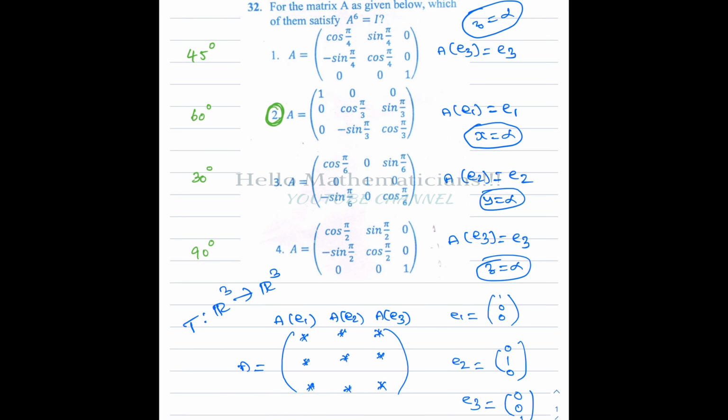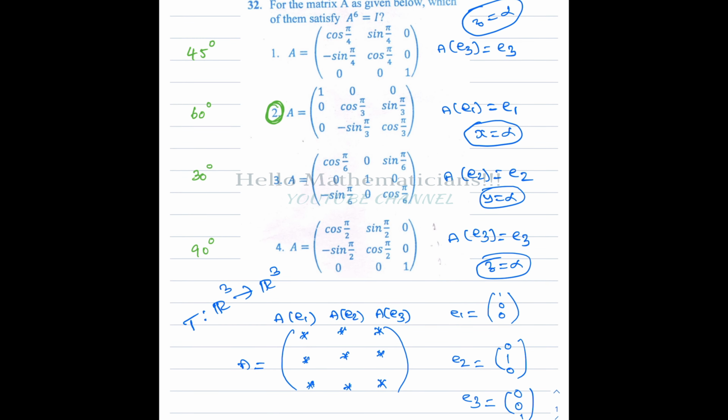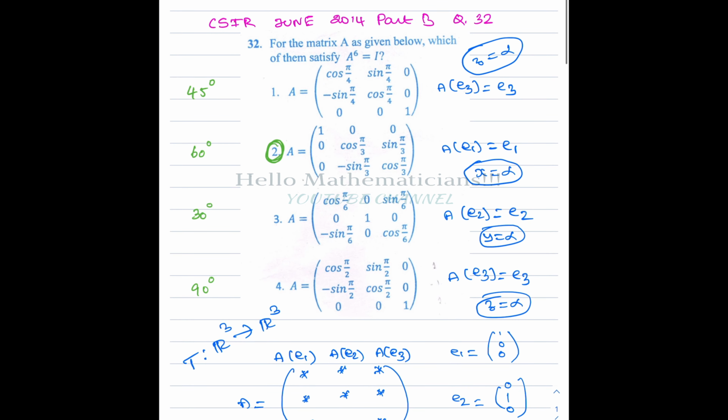Once you understand this, you can geometrically see what this matrix is doing. Basically this matrix preserves each of the planes x equal to alpha, and in each of those planes it acts by rotation by 60 degree. Therefore if you apply this matrix A 6 times on any point of the plane x equal to alpha, you will get back the point. Therefore A power 6 will be identity.